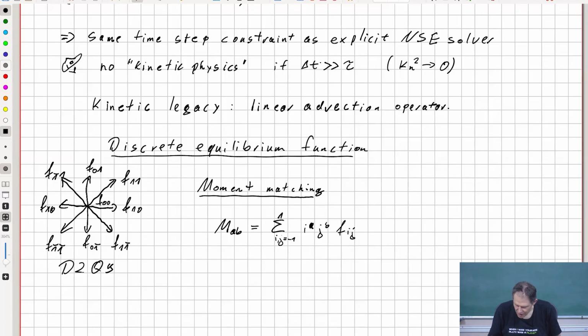The conserved moments M are always the same as the conserved moments' equilibrium.